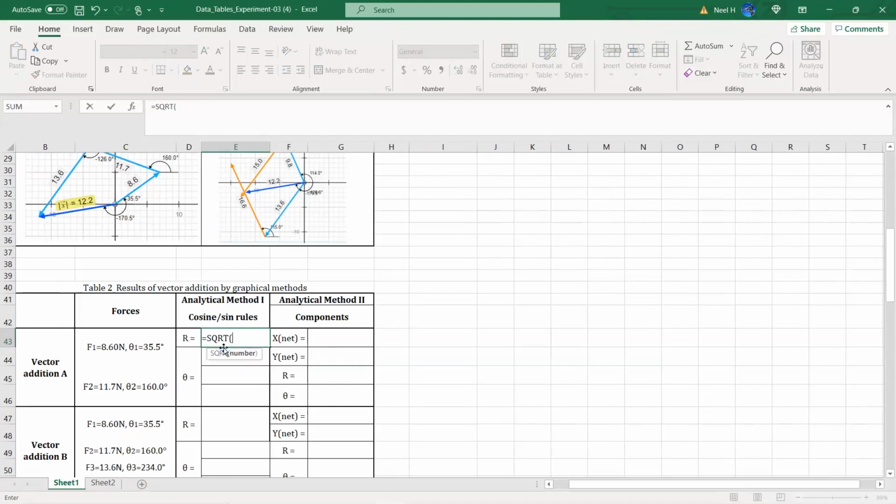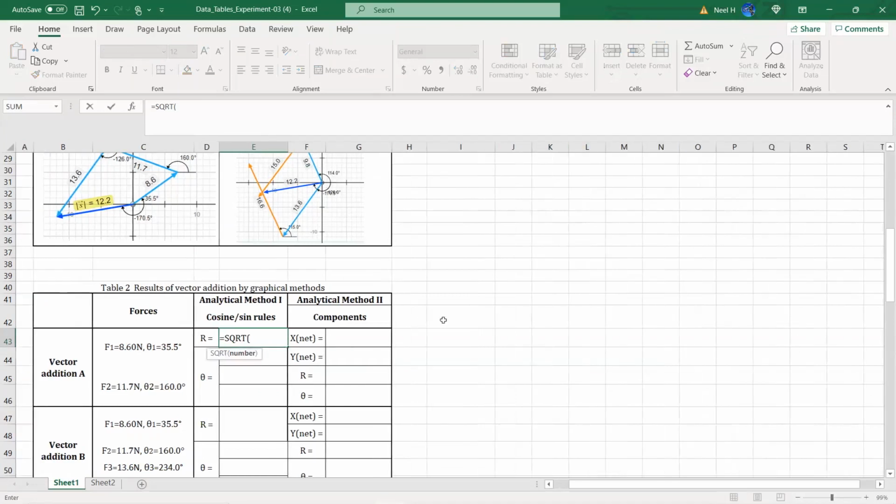Open bracket, F1 squared, F1 is 8.6 to the power 2, plus F2 squared, F2 is 11.7 to the power 2, minus open bracket 2 times F1 8.6 times F2 11.7 and then times cosine, parentheses.